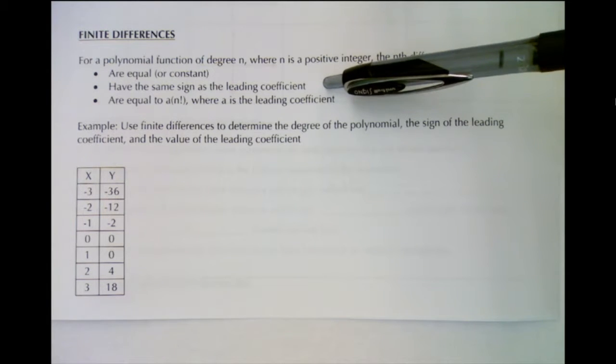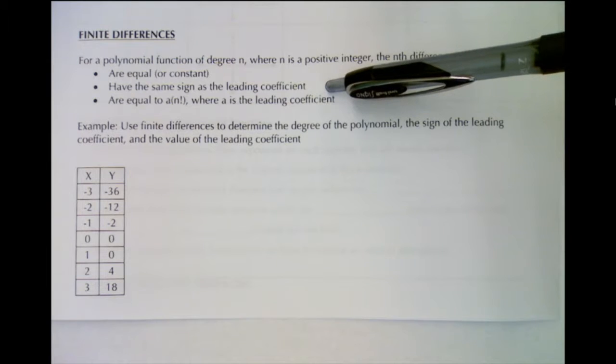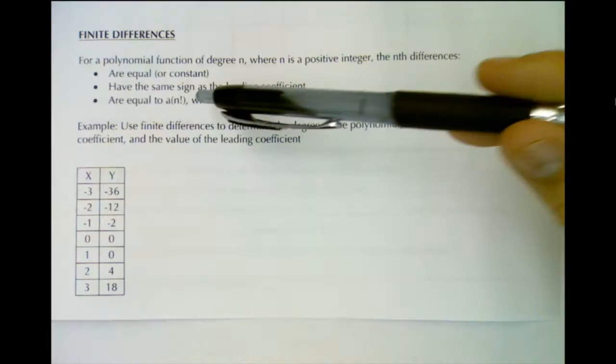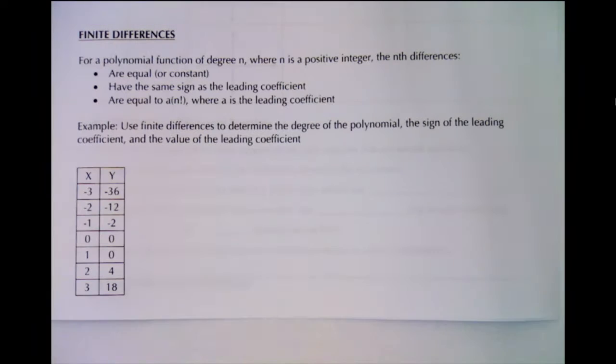The leading coefficient is the number in front of the term with the highest exponent. So if it's a degree 4 polynomial, it's the number in front of the x to the exponent 4 term. Also, that number is equivalent to a times n factorial, where a is the leading coefficient and n is the degree. And I'll show you that relationship in a second.